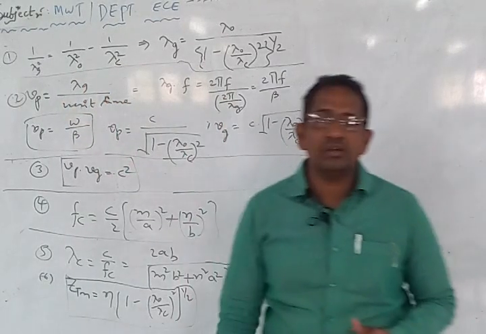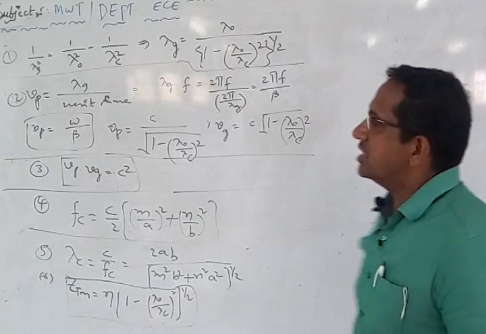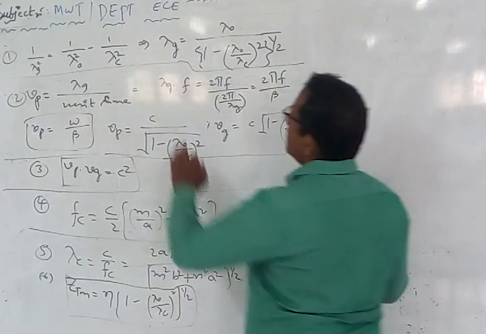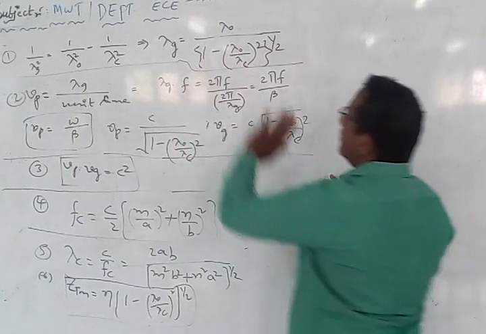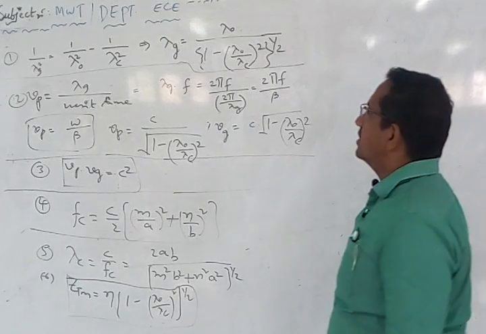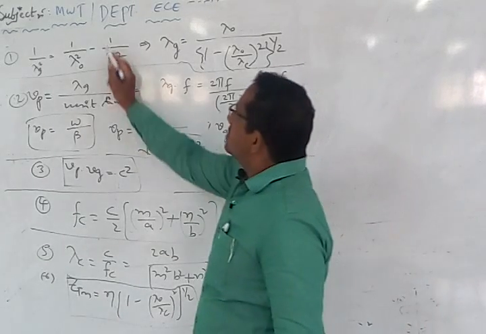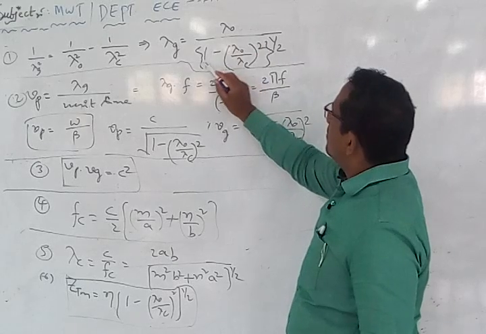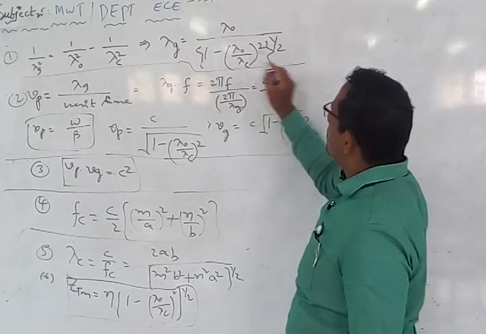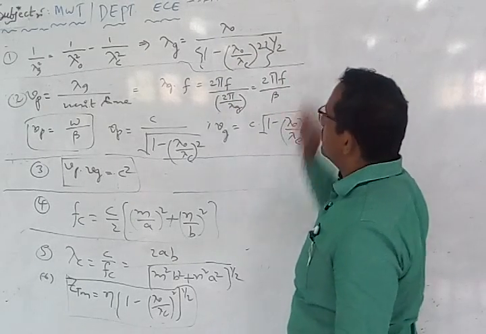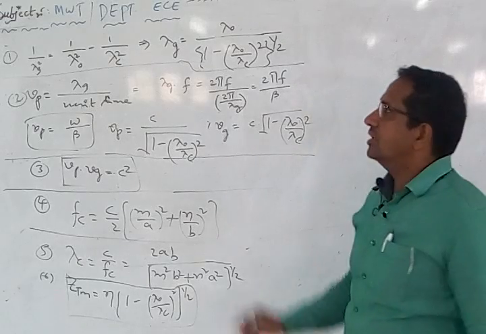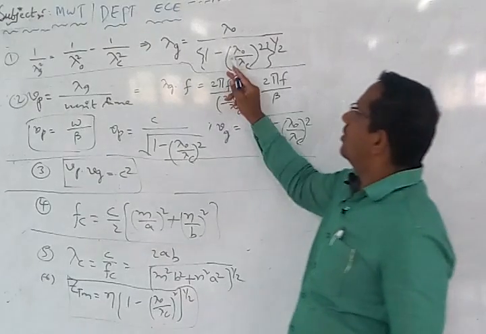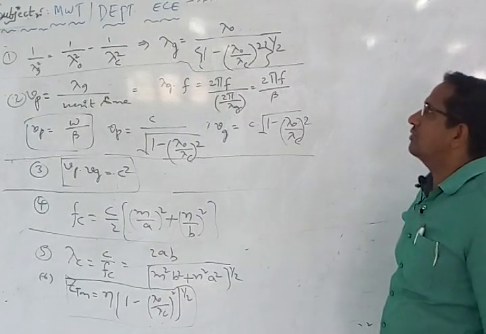This is a very important equation to remember, which gives us the relationship between the guide wavelength, cutoff wavelength and the free space wavelength. If you rearrange this equation, we get lambda g is equal to lambda naught by square root of 1 minus (lambda naught by lambda c) whole square. Once you rearrange, we get the equation in terms of lambda g.